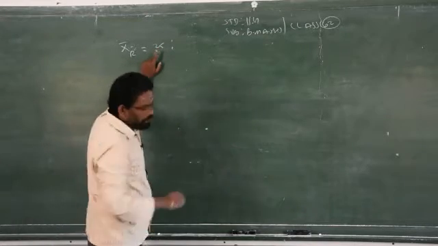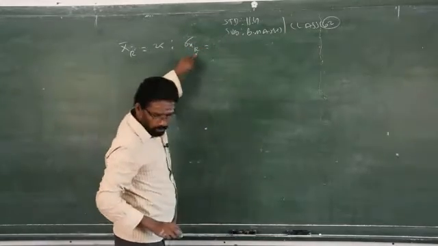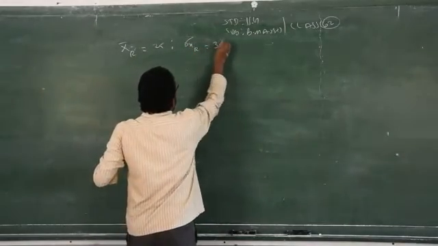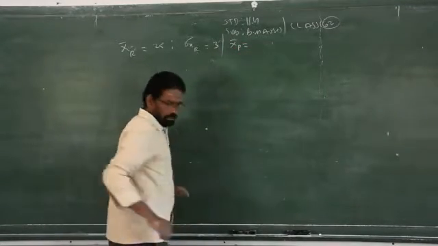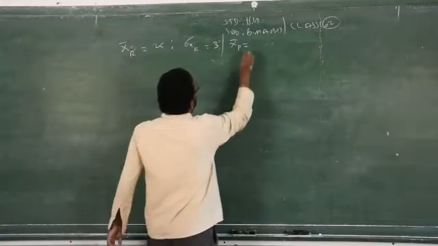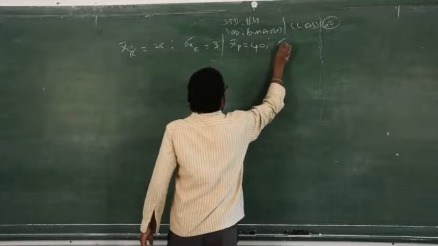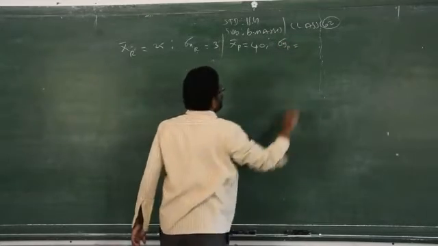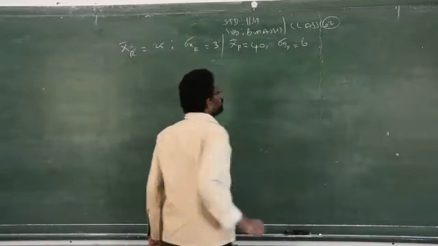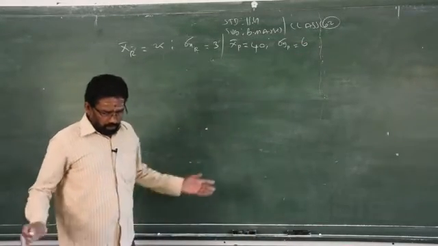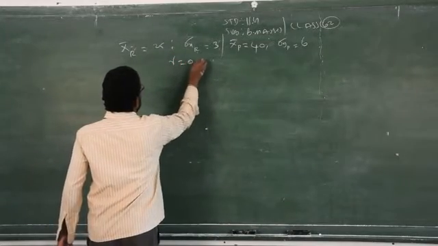Then the standard deviation, sigma x R for rainfall, is 3. Similarly, x bar for production is 40. Then sigma, the standard deviation for production, where I consider y as the variable, is 6. So these are the information given. Then the coefficient of correlation between the two, production and rainfall, is given as r, that is 0.8.